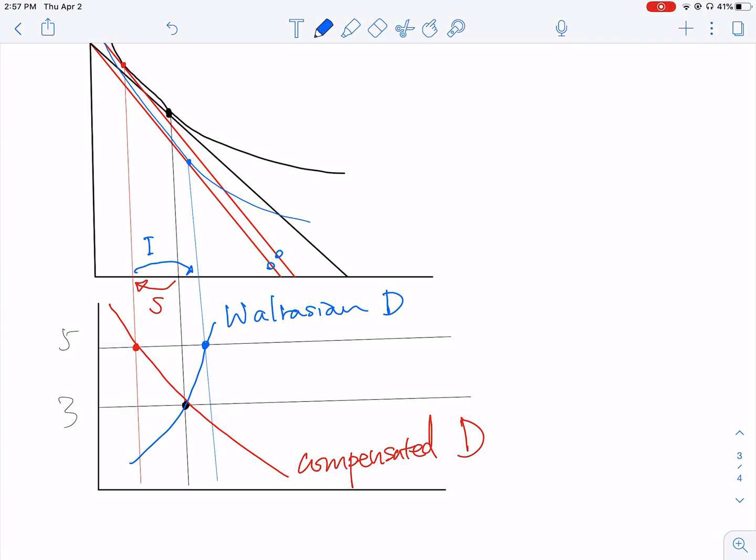So this picture is explaining that. This is a theory of how that historical phenomenon was possible.